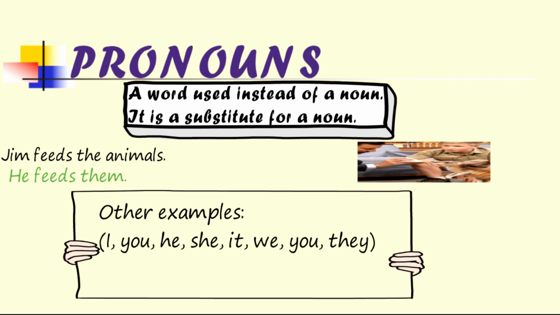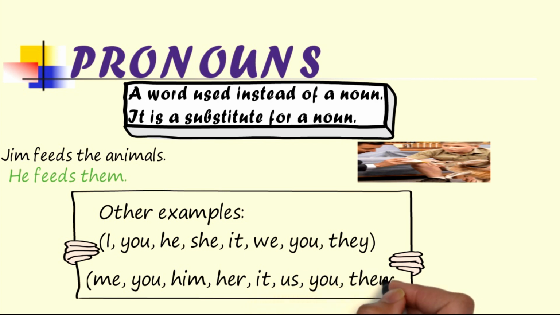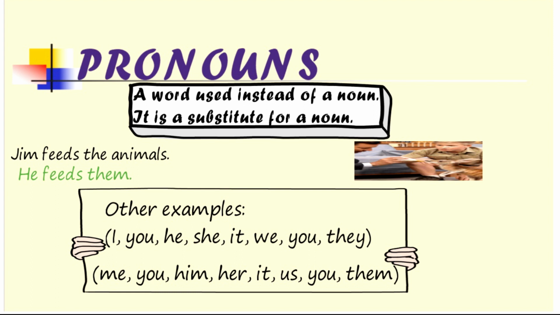They are put in the position of a subject. We have also object pronouns. Listen. Me, you, him, her, it, us, you, and them. They are object pronouns because they take the position of an object.